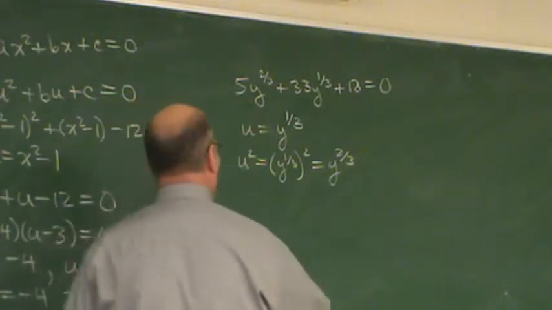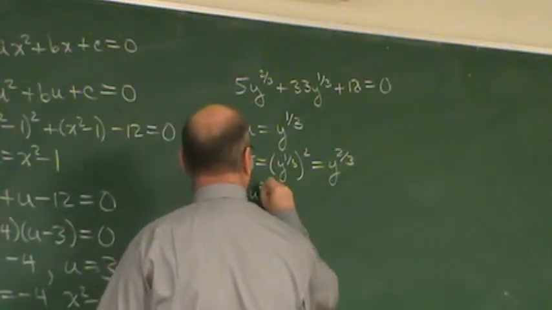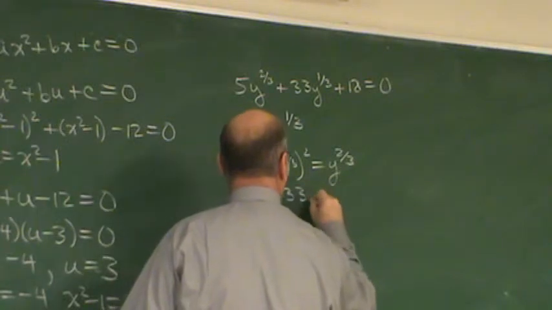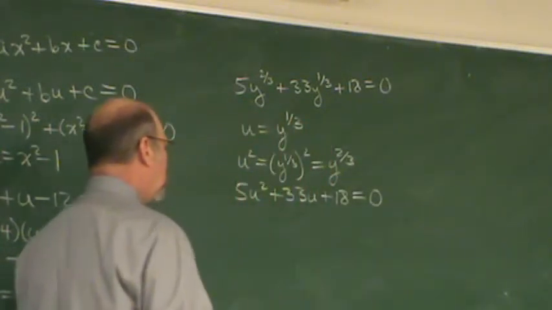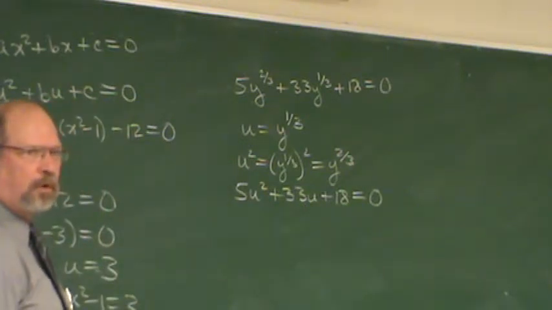This thing is quadratic in form. In other words, we have 5u squared plus 33u plus 18 equals 0. Yes?